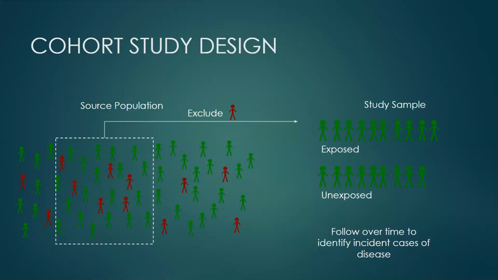You would still look, let's say 20 years in the past, identify a random sample of people from your source population, exclude anyone who already had the disease you're interested in at that point, and then separate them into an exposed group and an unexposed group and follow them up to the present to see what the incidence of disease in those two groups was like.